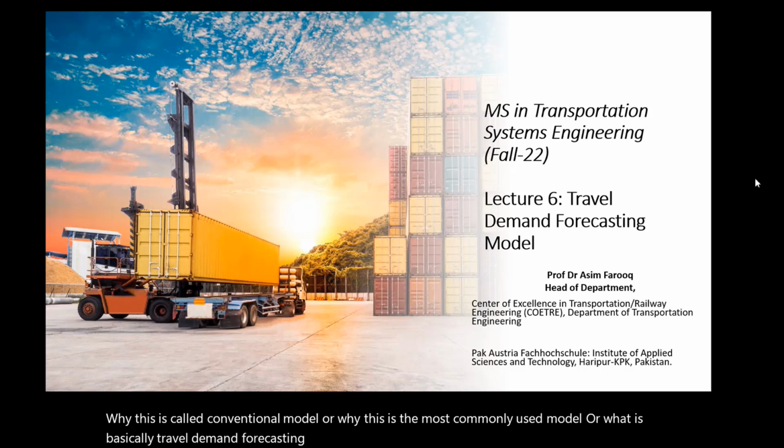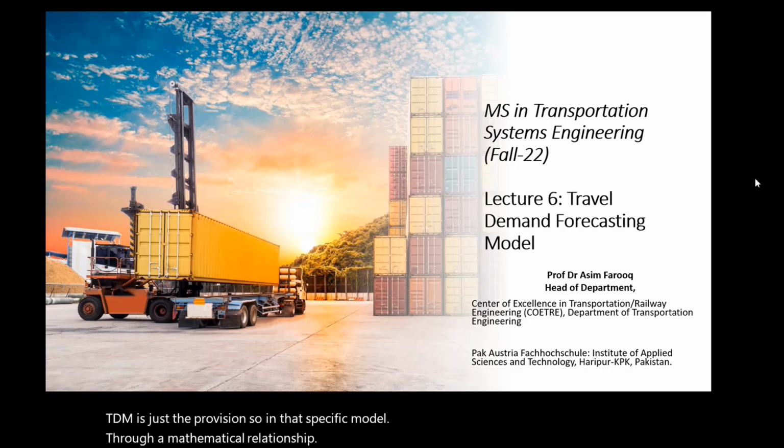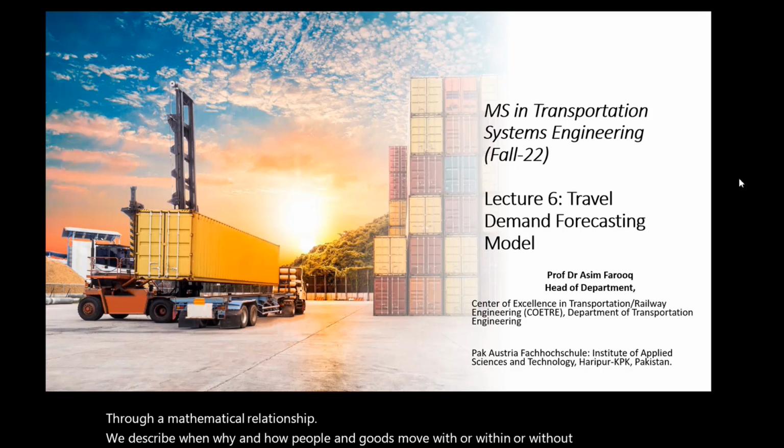Whenever we talk about TDM, TDM is just a short abbreviation. In that specific model, through a mathematical relationship, we describe when, why, and how people and goods move within or between geographic areas.